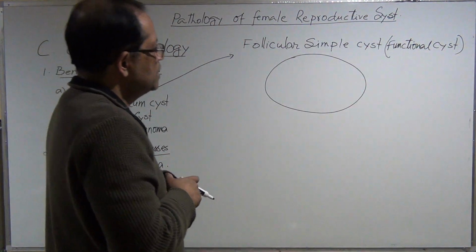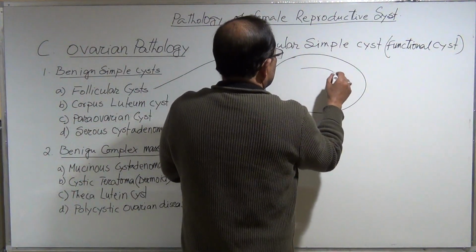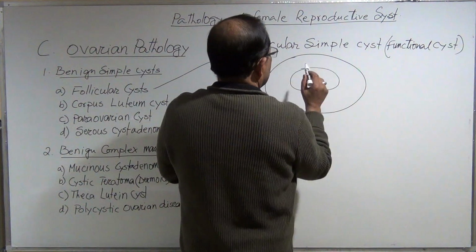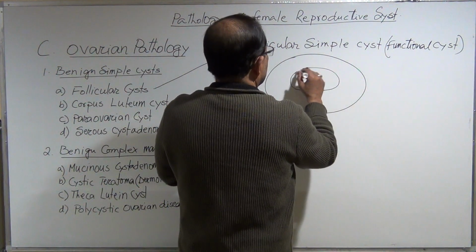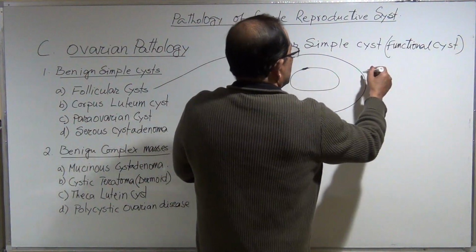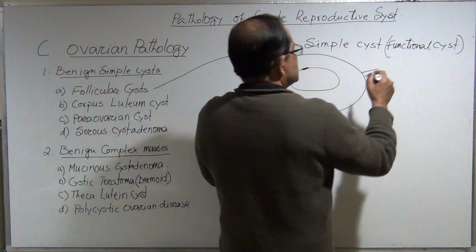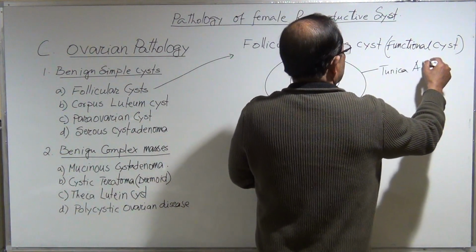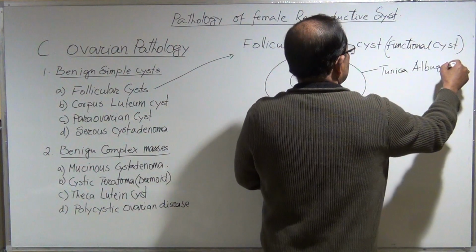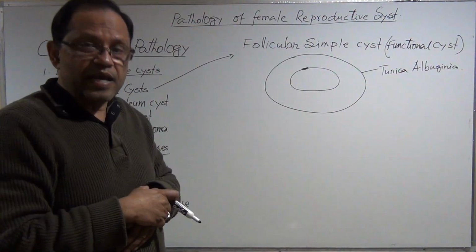we need to understand that the ovary has tunica albuginea, and there is epithelium.